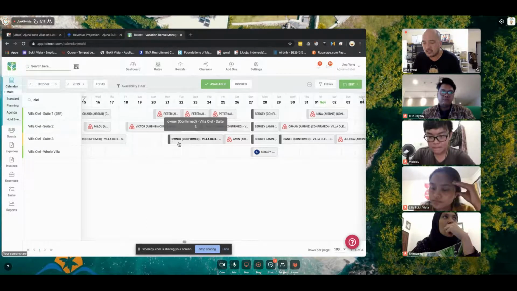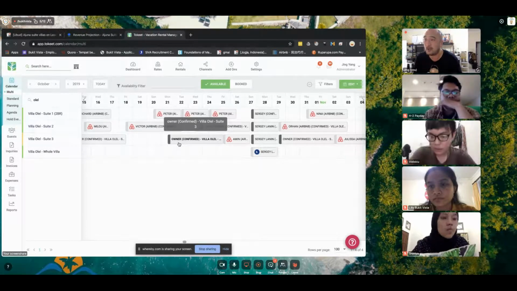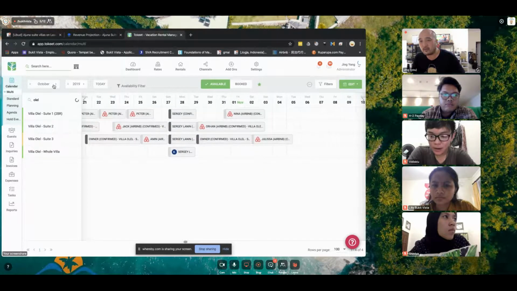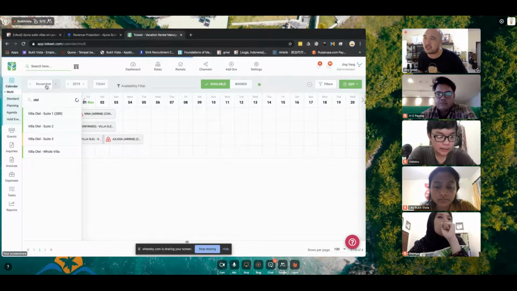So back to Lilis then. Lilis, in this particular case, I think we're dealing with a challenging situation. We have a challenge because we don't have any comparison property in Ubud that has, let's say, the same set of parameters in terms of how it will be managed as the one that we're looking at right here. So if we look at Villa Olel, we can see that, especially recently, if you go to March, I saw that almost more than 50% of the bookings are actually coming from the owner.